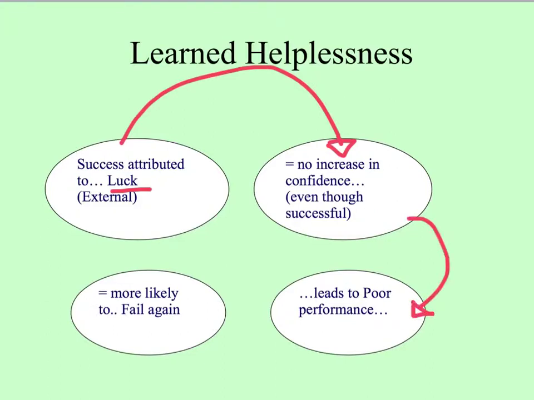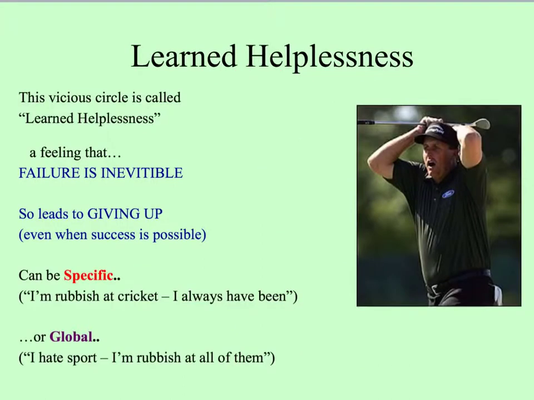So again, it's likely to lead to a poor performance, failure again, and then we're back into the previous cycle. So in other words, this performer, through their attributions, is never gaining confidence and actually just confirming in their own mind that they are not very good. So that's how learned helplessness occurs.